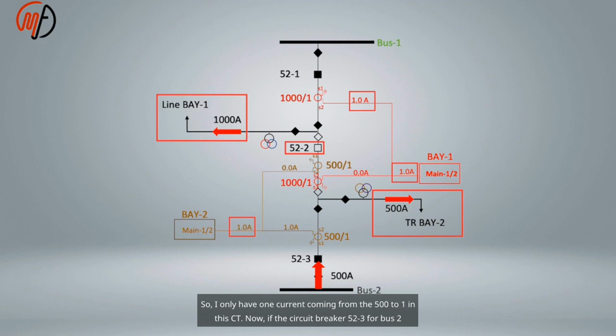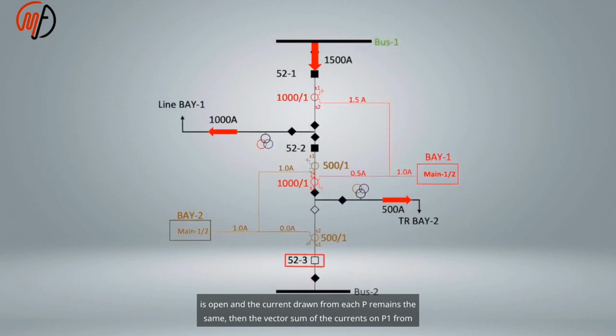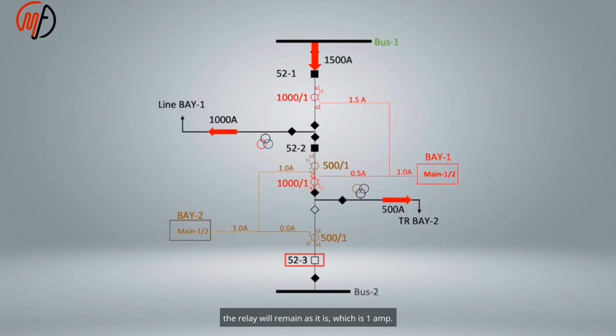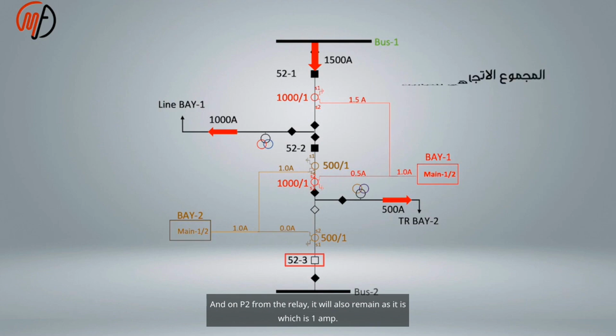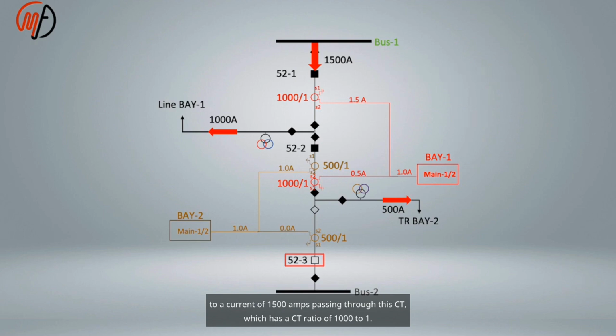Now if circuit breaker 52.3 for bus 2 is open and the current drawn from each P remains the same, then the vector sum of the currents on P1 from the relay will remain as it is, which is 1 amp, and on P2 from the relay it will also remain 1 amp. As for the 1 amp going to P1 from the relay, it results from 1.5 amps minus 0.5 amps, and the 1.5 amps is due to a current of 1500 amps passing through this CT, which has a CT ratio of 1000 to 1. And on P2 from the relays, it will remain the same, which is also 1 amp.